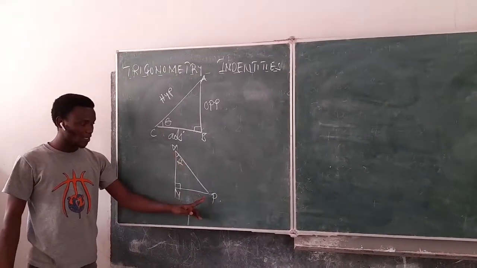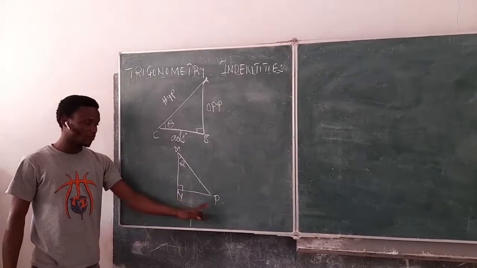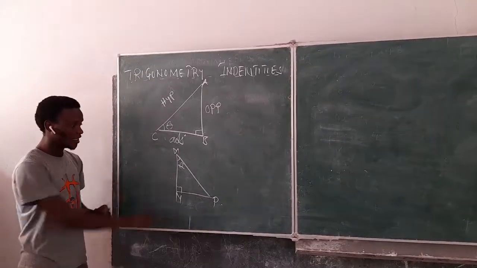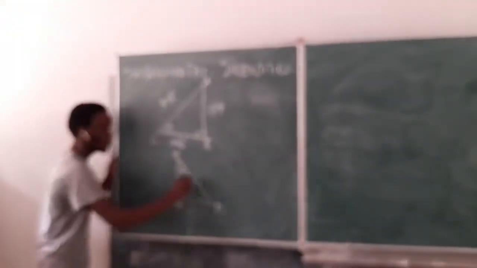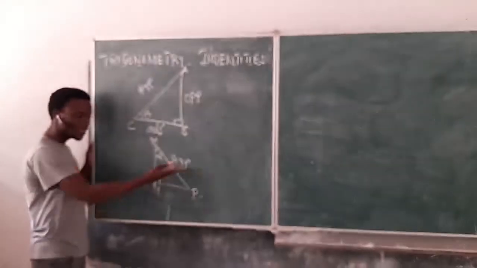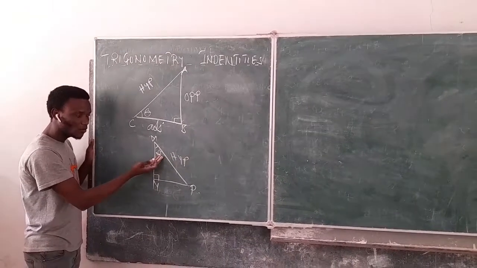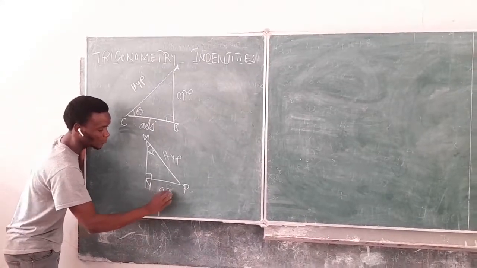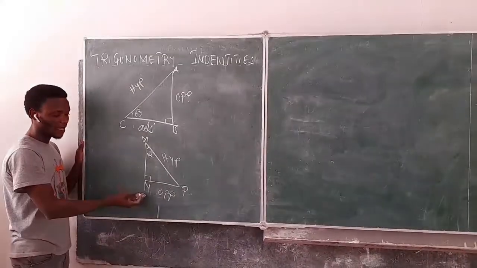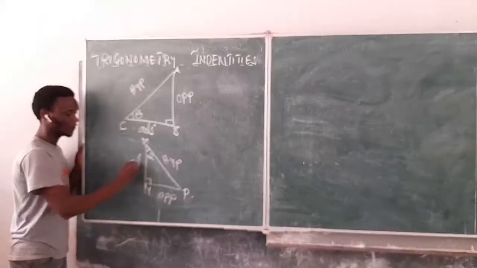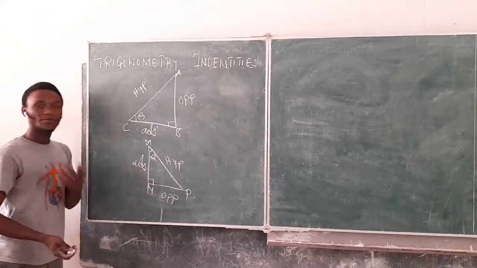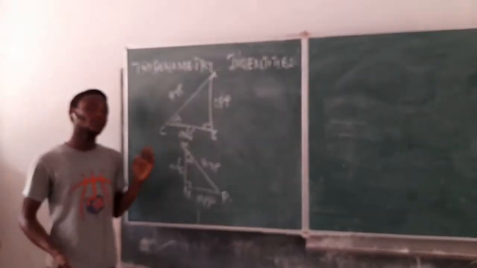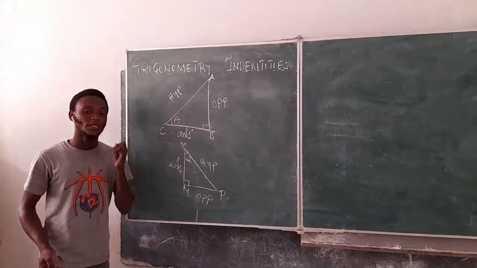NP is the hypotenuse, because the 90 degrees is facing that side, and then automatically MN is the adjacent of the angle. So these are some of the basic things one needs to know in order to prove the trigonometry ratios.